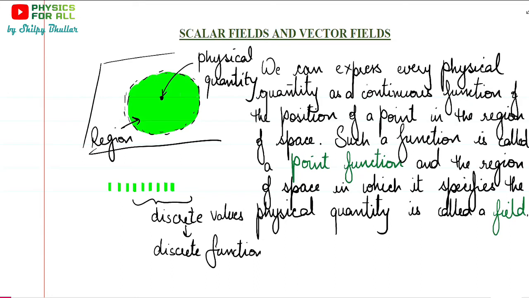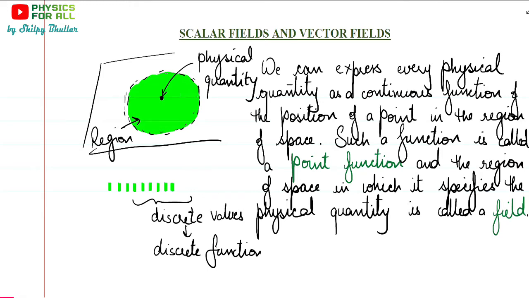But if we have a particular space and we want to cover the entire region, we don't know whatever values are there. We are saying that in the whole of that region the same physical quantity is there and there is no change in the value. The value is the same, but that quantity is spread over some distance.